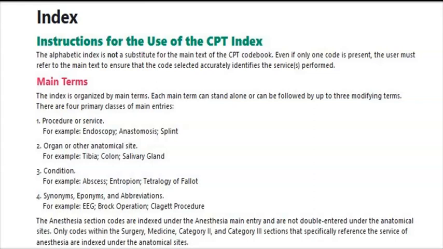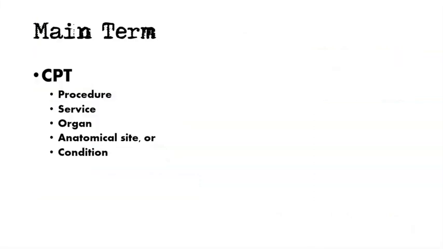Read about how the main term is organized in the index and follow the 4 steps provided in the index instructions. The first step is to look for the main term. The main term in the CPT index can be located as a procedure, service, body organ, anatomical site, or condition.